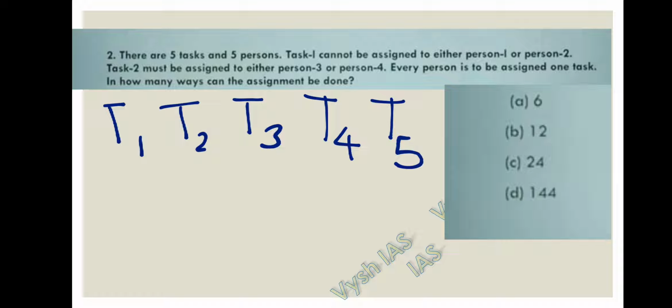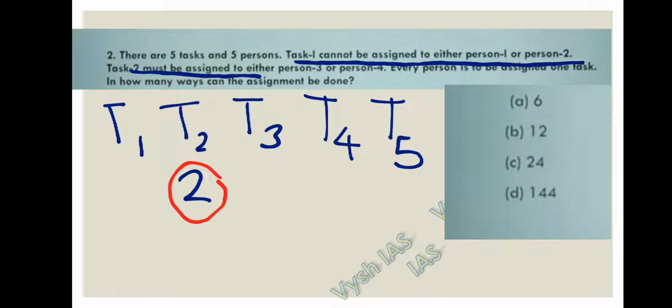Let's take the conditional statements first. Task 2 must be assigned to either person 3 or person 4. It means there are 2 ways possible in task 2: either person 3 can be opted or person 4 can be opted. So there are 2 combinations possible in task 2. Coming to task 1, person 1 and person 2 cannot participate in task 1.